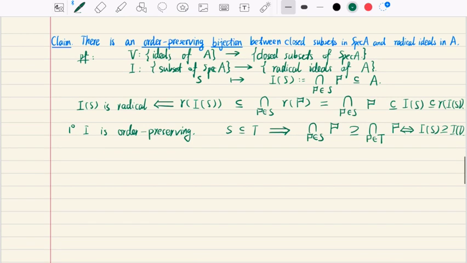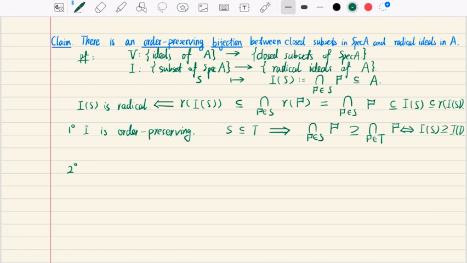The second thing is we need to prove that V and I are a pair of maps which are inversions of each other on the images, in fact, between the closed subsets of the spectrum and the radical ideals in A. So how can we prove this?